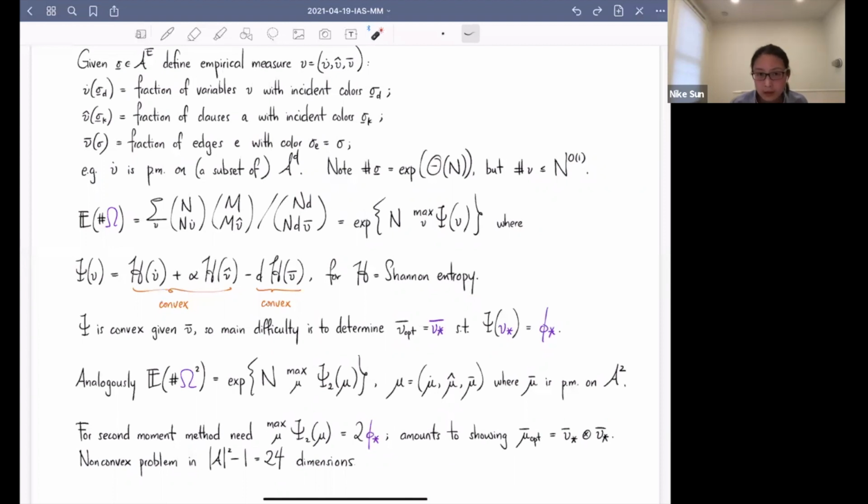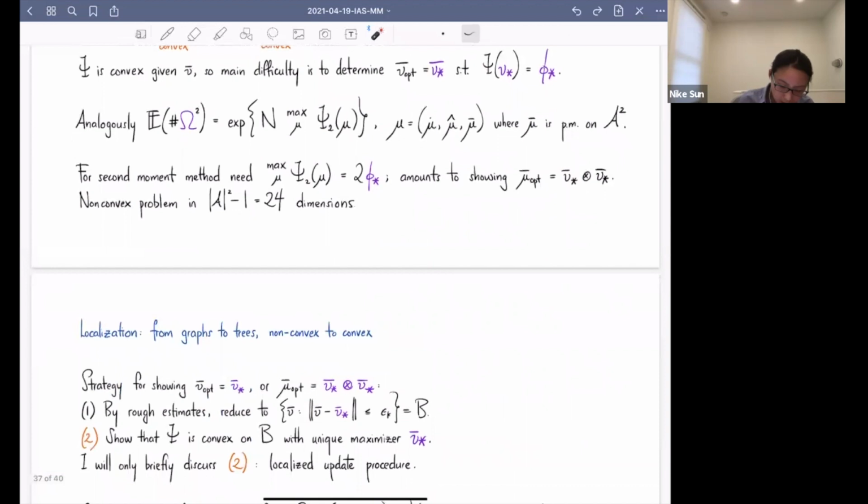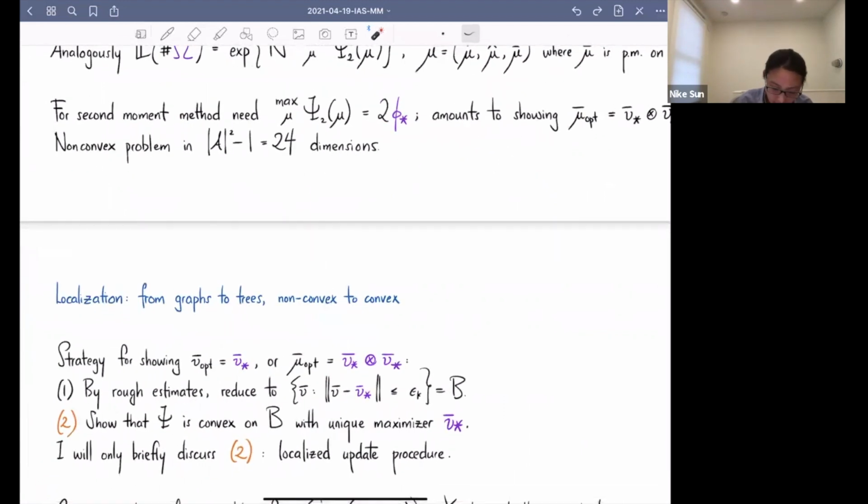And the strategy that we take to do it is roughly the following. So again, I want to optimize either this psi or this psi2. I'm going to talk about how to optimize psi, but it's the same strategy for psi2.